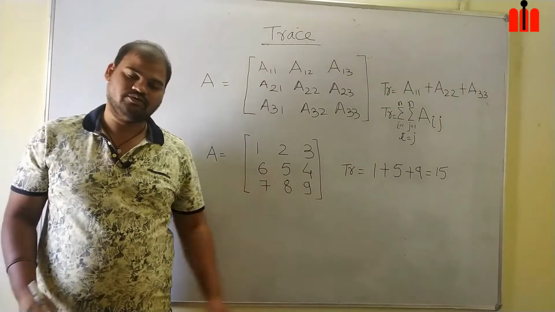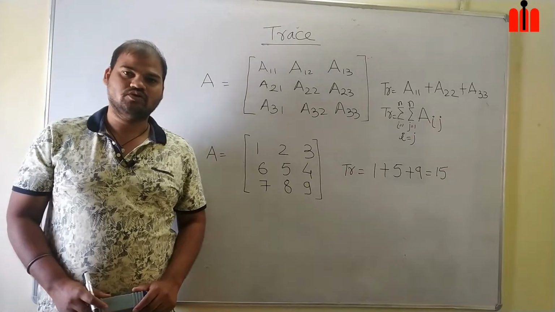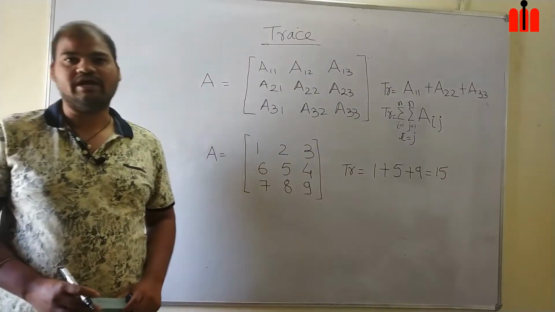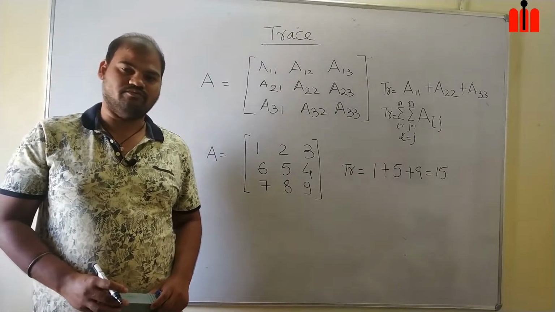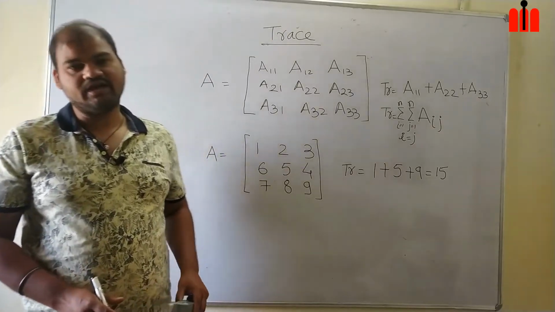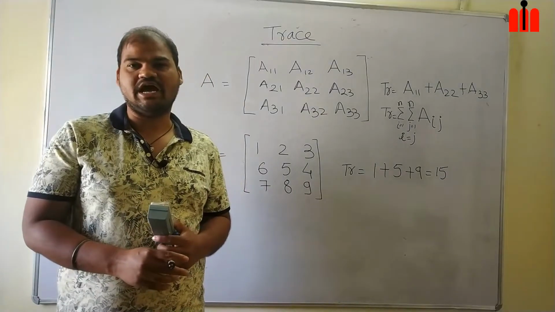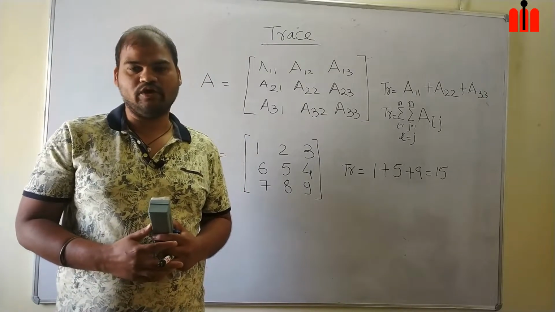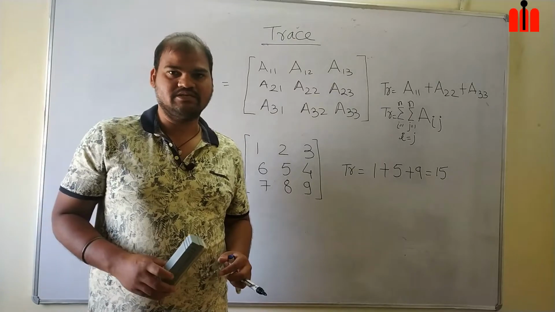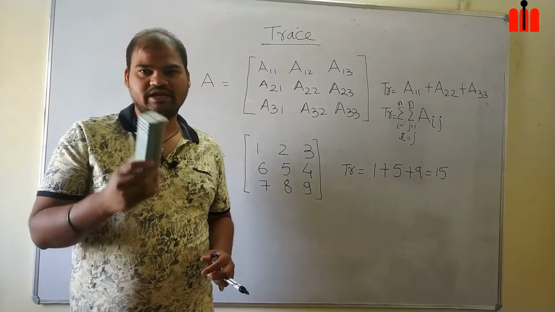So this is how a trace can be found. So I repeat, trace is the sum of the diagonal elements for which i is equal to j. Okay, this completes trace. Now let's move on to our next section.